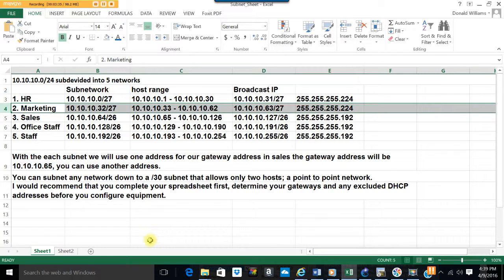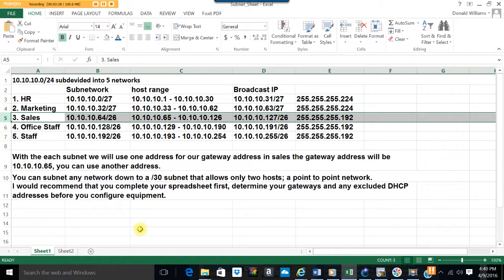Now, sales is a different story. They have 30 some employees now, and then they can increase up to 45 employees. So we have to do something a little bit different for sales. What I've come up with is 10.10.10.64 as the IP address of the subnet, and it has a /26 instead of a /27.